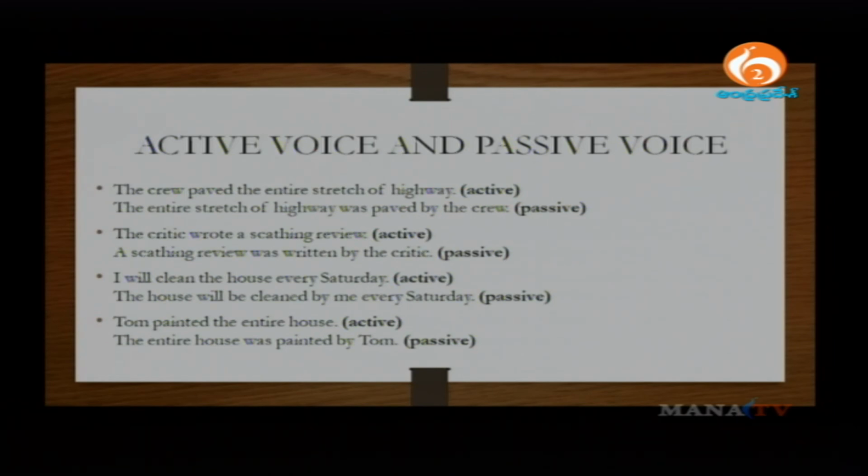Tom painted the entire house. Active. The entire house was painted by Tom. Passive.